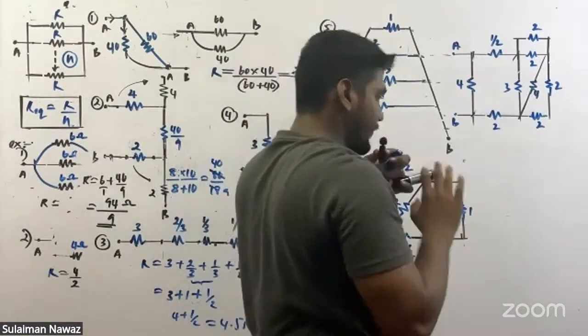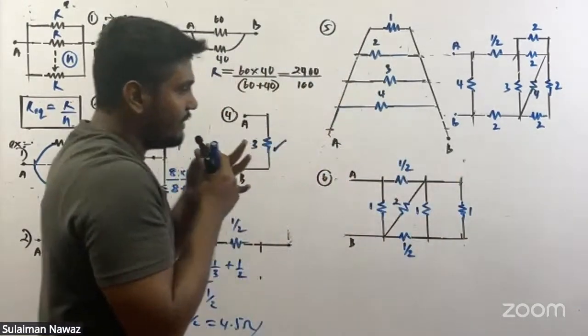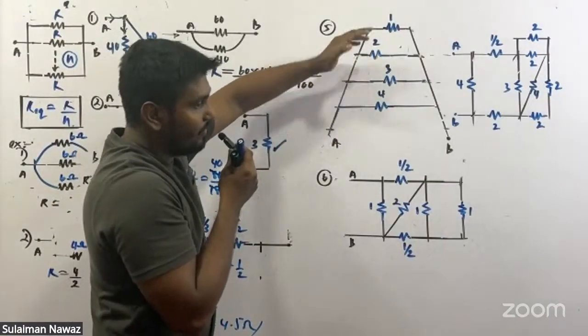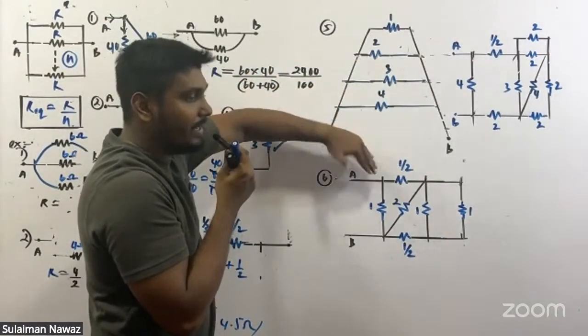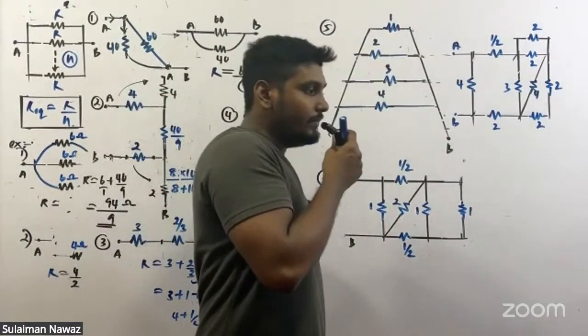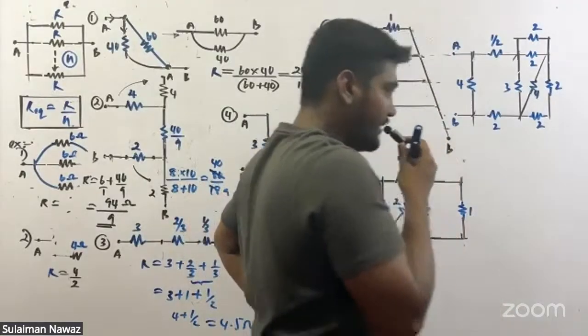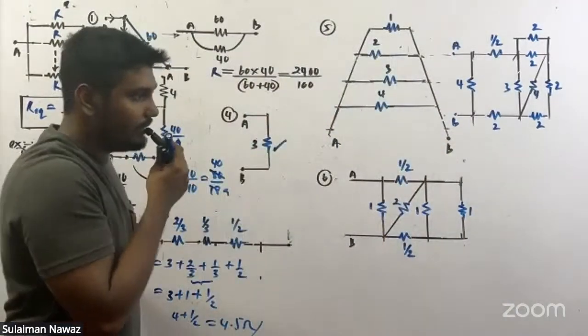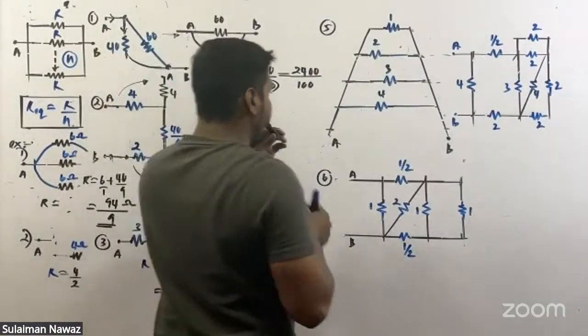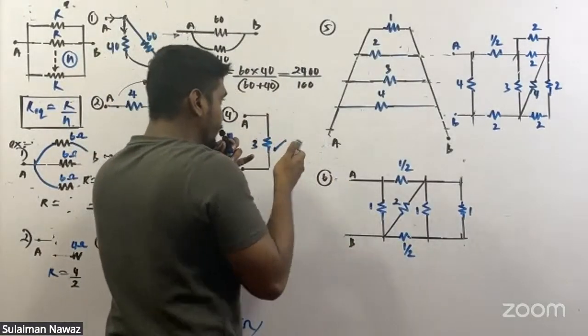Anyone? If you didn't understand, ask me. Just raise your hands. 1, 2, 3, 4 ohms are in parallel. Right? These 4 in parallel. Then you can find the equivalent.